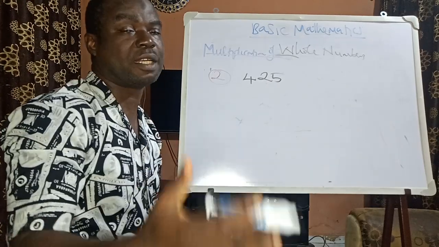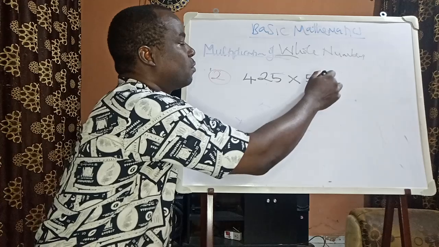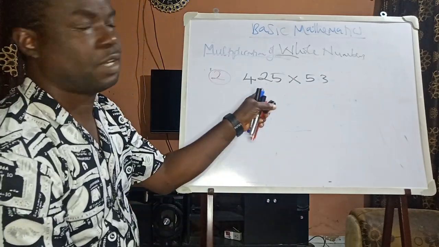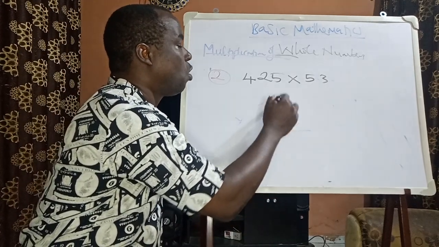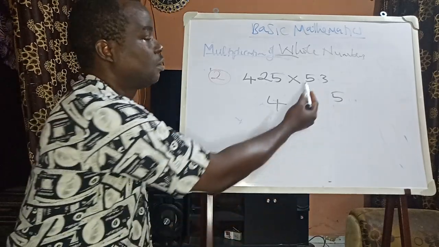Okay, let me do 3 by 2 first. Multiply by 53. How do we do that? You write the bigger number first. Space it out. 425 against 53.